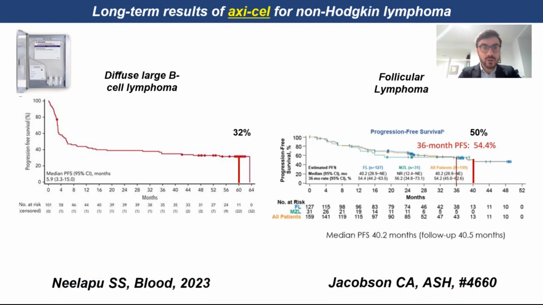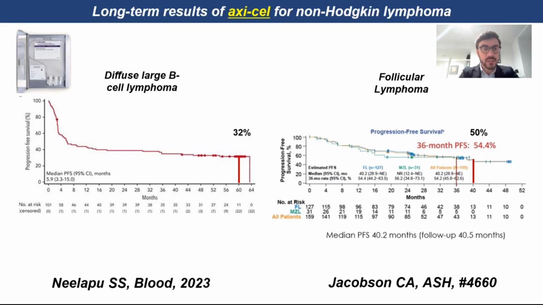And these are the long-term curves for axi-cel, which is the second product I mentioned, a CD19 CAR that differs from tisa-cel because axi-cel is characterized by a CD28 costimulatory domain, while tisa-cel has a 4-1BB costimulatory domain.